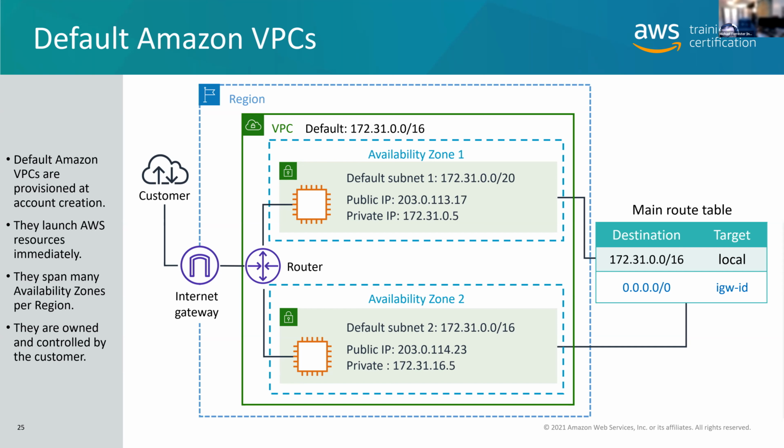They're already configured to allow traffic in and out, to allow traffic to get to the internet. So don't get too hung up on them, but just know that they're there. General rule of thumb is don't use the default VPC unless you're just messing around, like you're doing a proof of concept or something. Otherwise, please, please do not use the default VPC for production traffic. You need to do a little bit more configuration to really make that work for most environments.